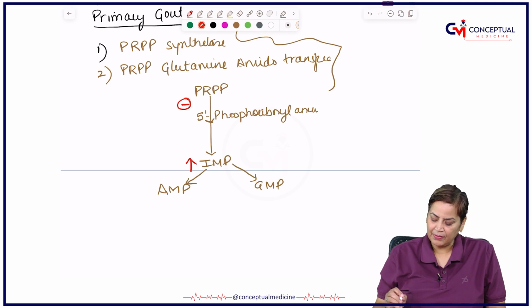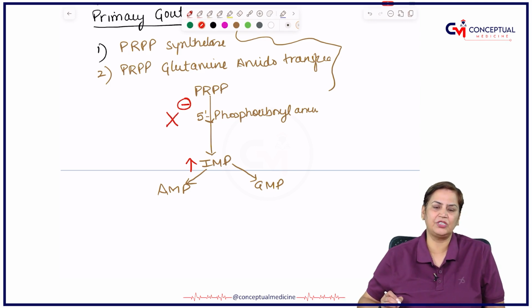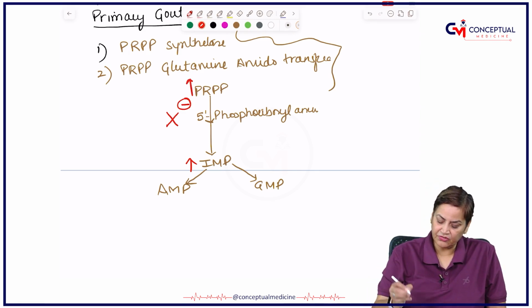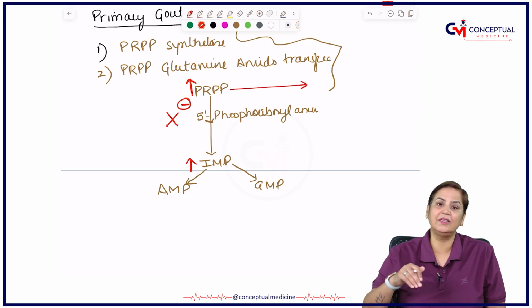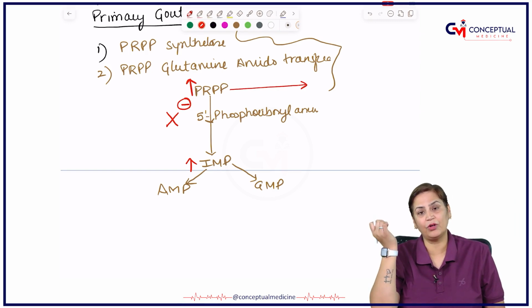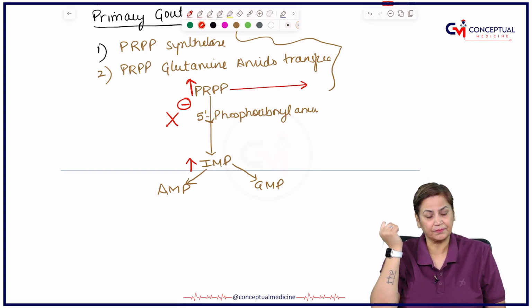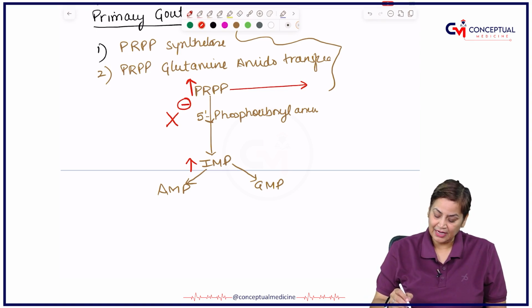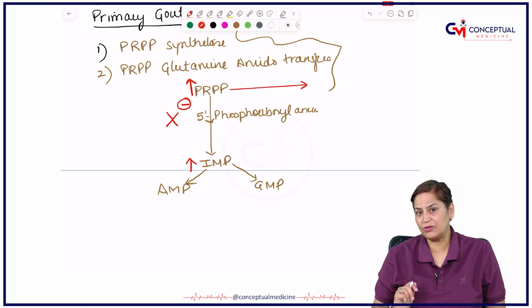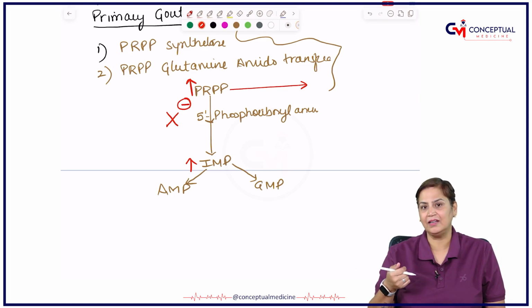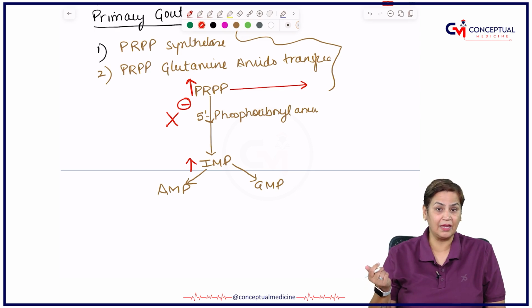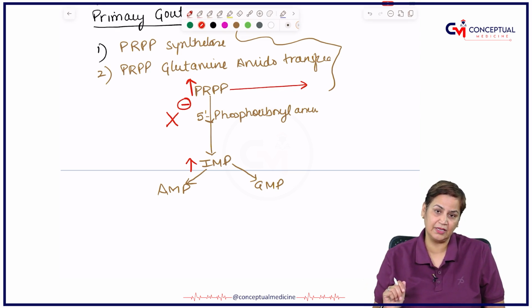So what happens if this feedback inhibition fails? There is increased concentration of this, which will be diverted towards the degradation and formation of uric acid. Similarly, for the second enzyme, if feedback inhibition fails, it will lead to diversion of PRPP and 5-phosphoribosylamine into the formation of uric acid.